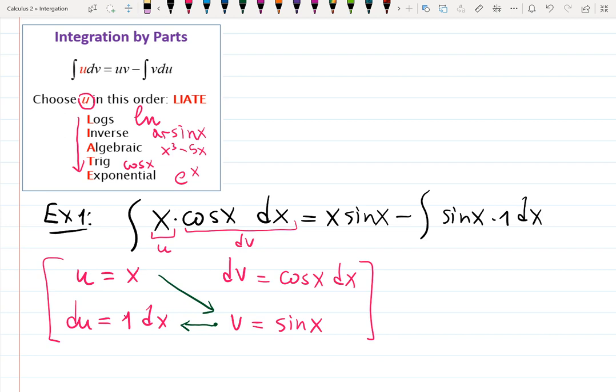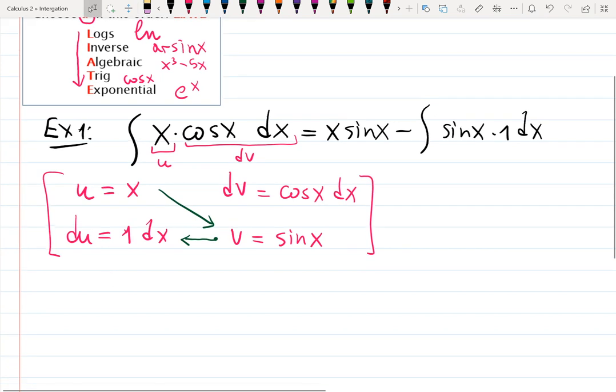If not, we do integration by parts one more time or any other technique. That's indeed what happened over here. We have x sine x, that's the prepared part, you don't have to integrate it anymore, and a simple integral, which is just integral of sine x dx. Equals x sine x minus, what is the integral of sine?